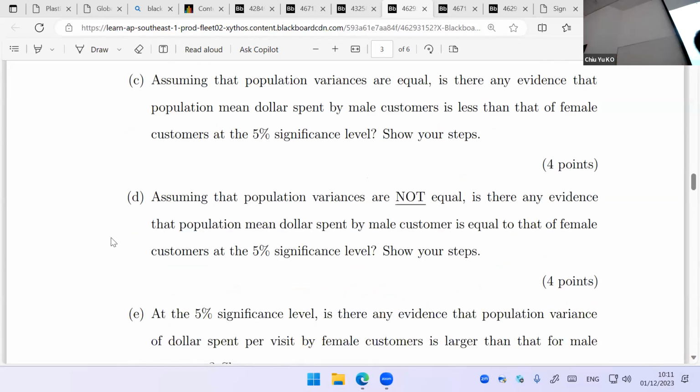So the next one, D, is actually what we did for C, but now the two things are different. One, we're saying the variances are not equal, so you use another formula to do that. And there's saying evidence they are equal. So let us write down the hypothesis first.